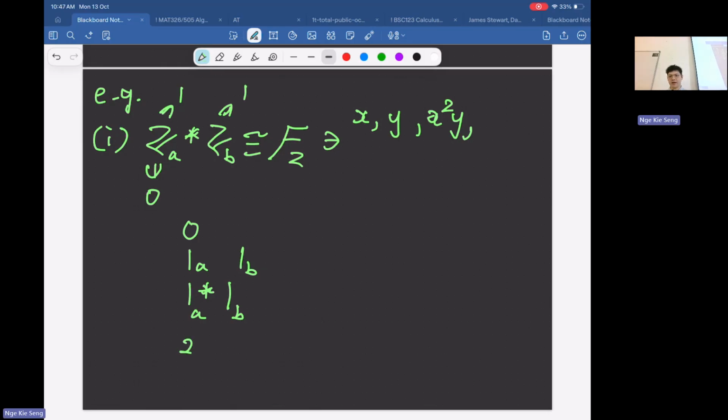We also have 2A, 2B, and then 1 star, something like that. If these two are isomorphic, who should pair up with who? Maybe we also have 0 here. Do we have 0 here? We only have 1, right?